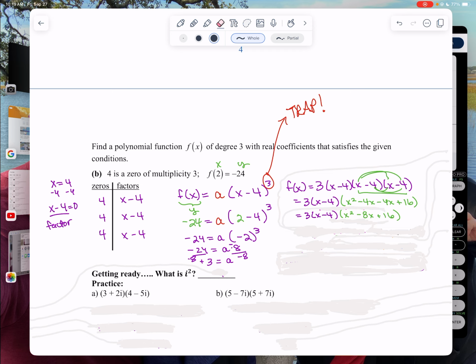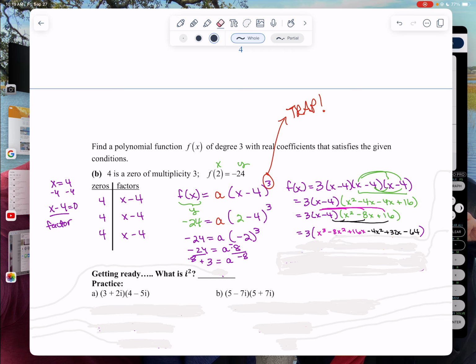Now I'm going to distribute my x. Notice I'm leaving this, I just saved this guy for last, right? So I'm going to leave my 3 out here. I'm going to distribute my x to get x to the third minus 8x squared plus 16x. Then I'm going to distribute my negative 4.